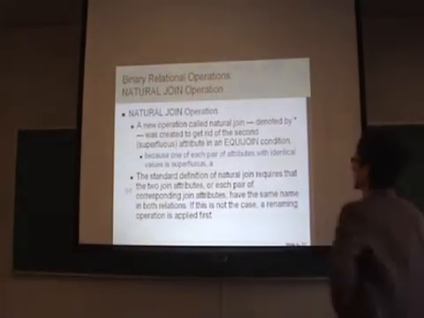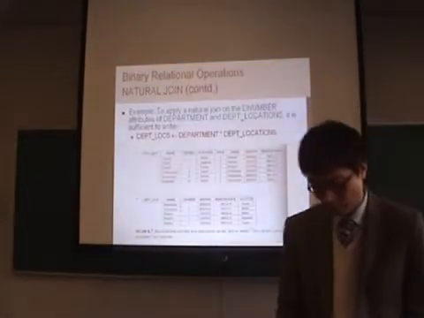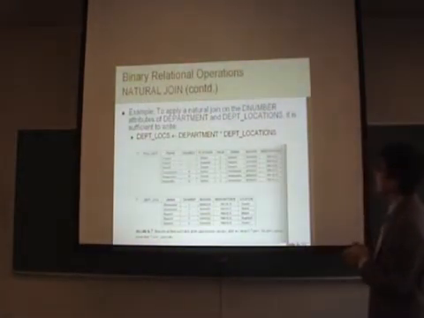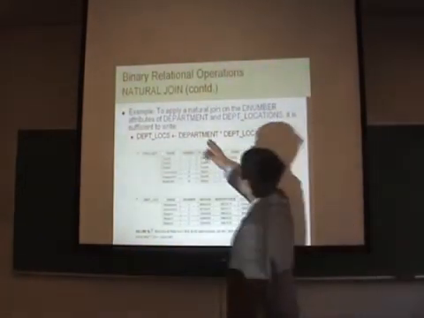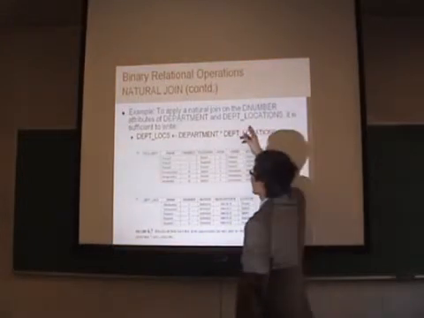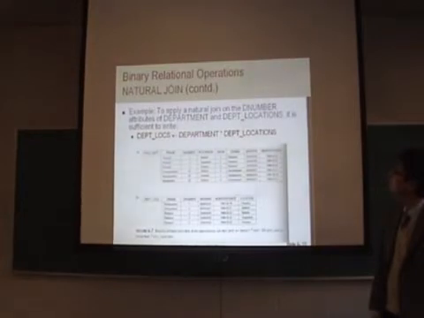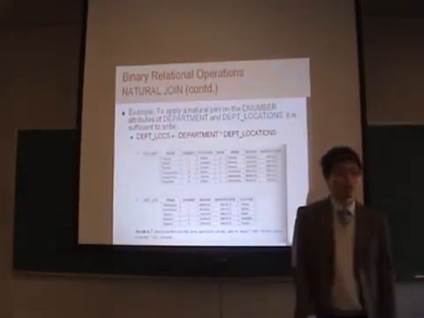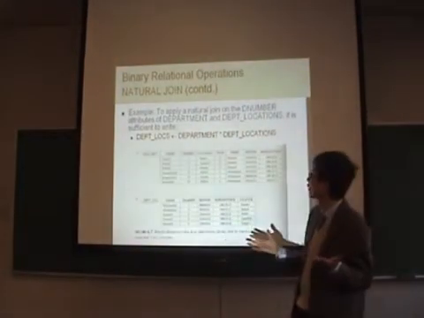Another one is natural join. For example, here we are going to join department information and department location. Department has D number and department location has D number.